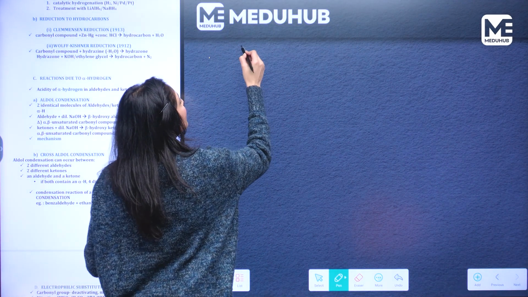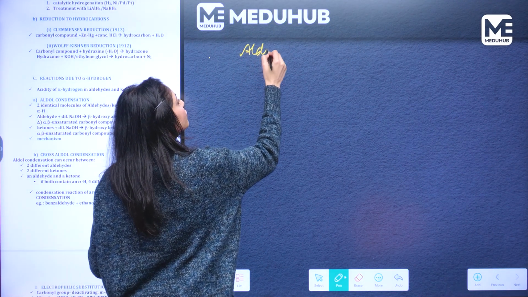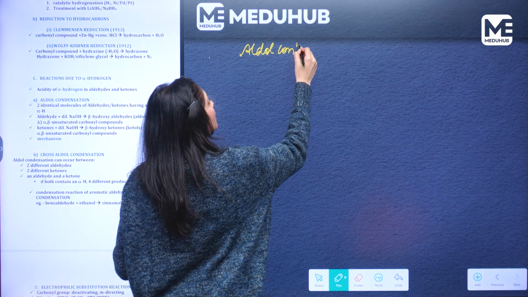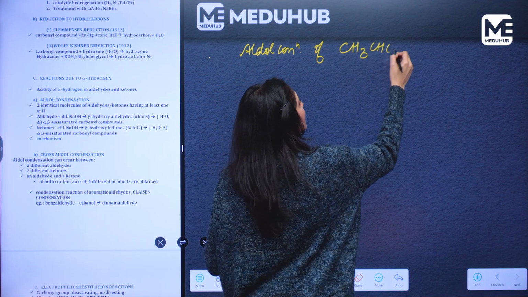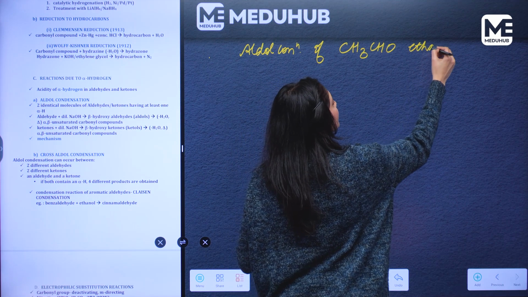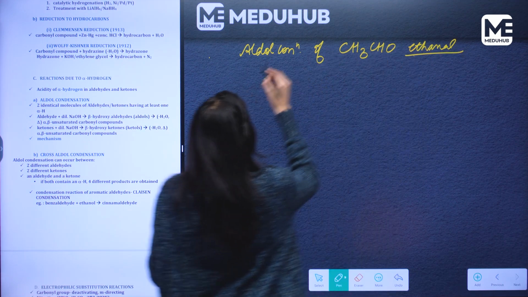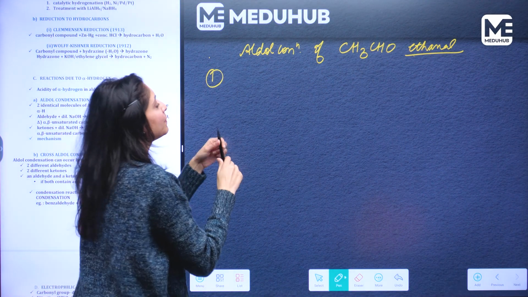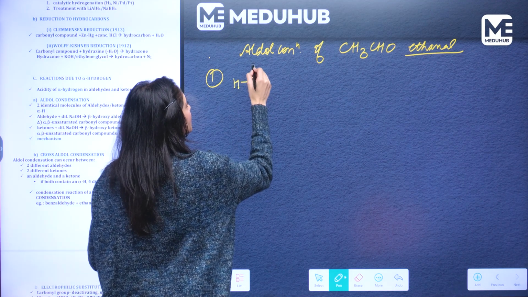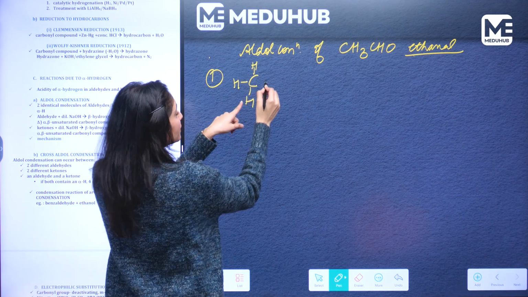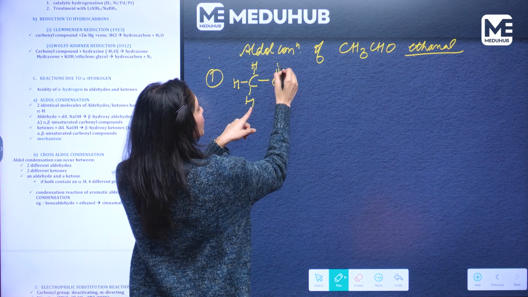So let us carry out the aldol condensation of ethanol. So in the first step, what will happen? This is ethanol. These are the alpha hydrogens. This is the carbonyl carbon.